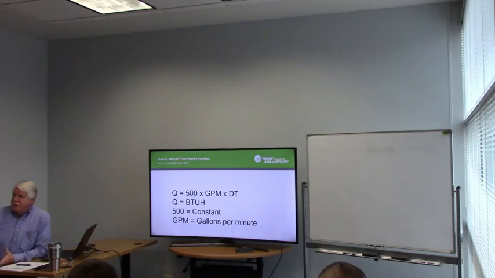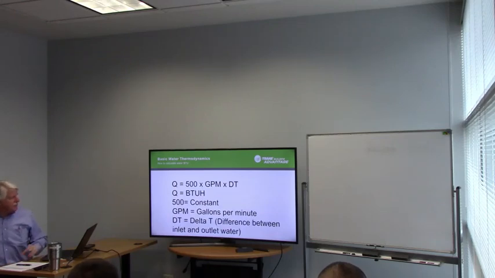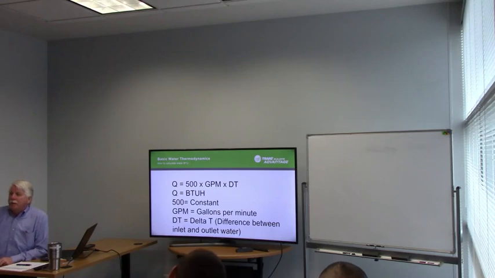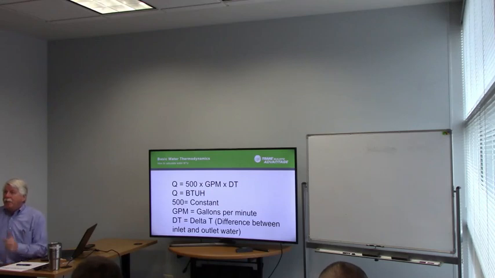Temperature change, delta T, okay? That's the difference between the inlet and the outlet water. Now this formula applies to everything, okay? It can apply to a boiler, it can apply to a chiller, and it can apply to a coil you're working on, okay? So it's real easy.